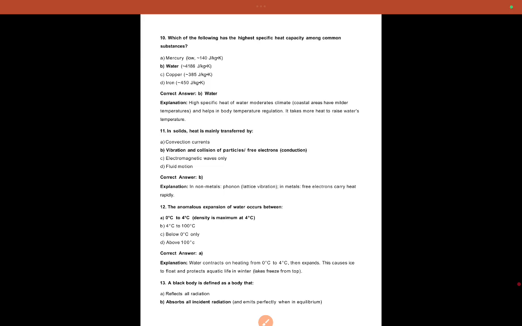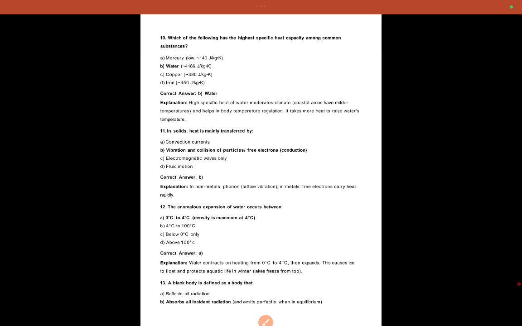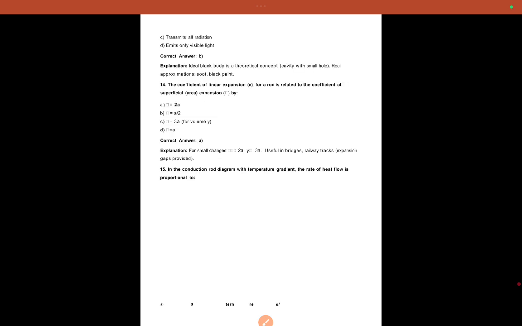Coming to question number 13, a black body is defined as a body that reflects all radiation, absorbs all incident radiation, transmits all radiation, or emits only visible light. Your answer is that it absorbs all radiation and emits the same.